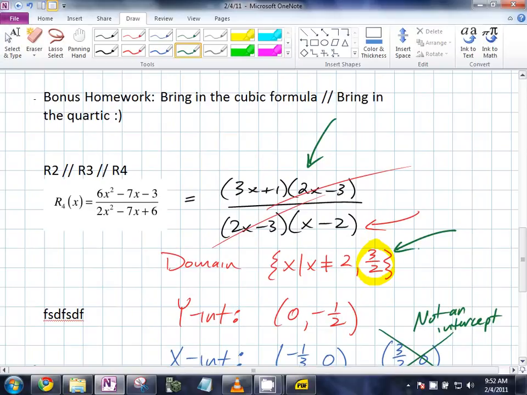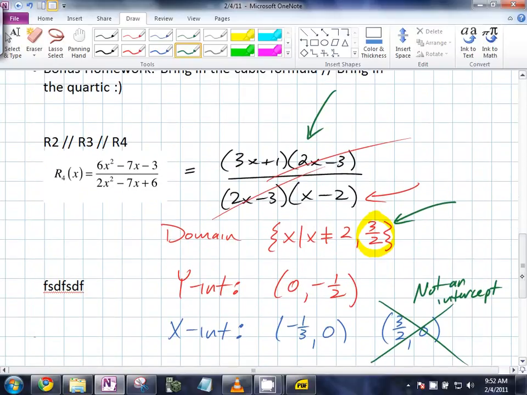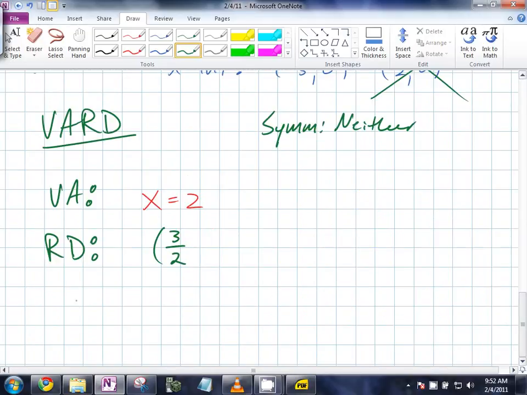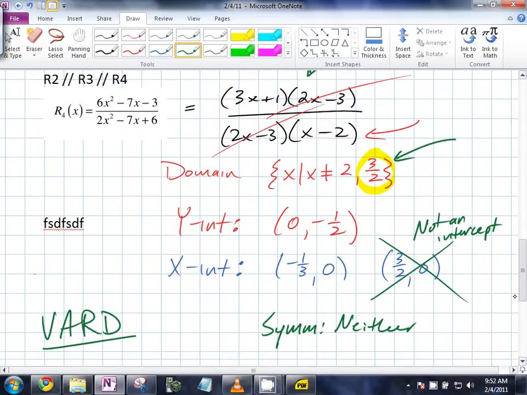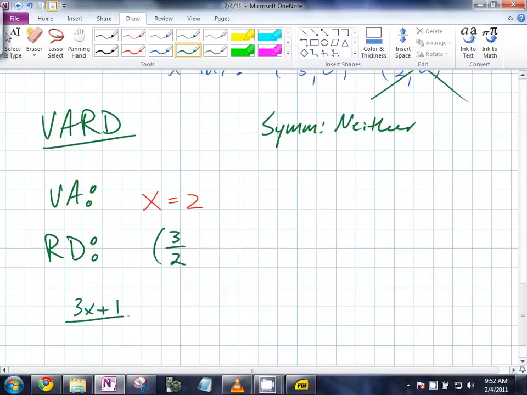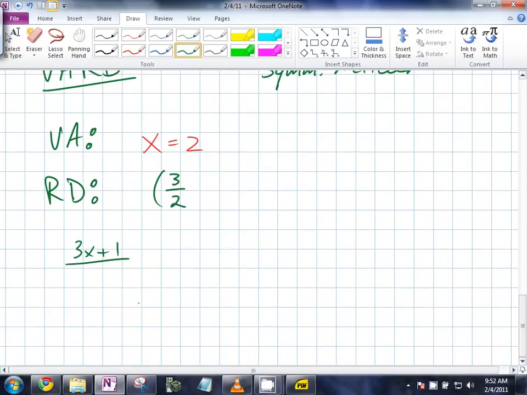But if you take the simplified form of this equation, what is the simplified form? 3x plus 1 over x minus 2. You can think of this as R3 simplified. Can we plug it into there? Yeah. So what is R3 simplified of 3 over 2?